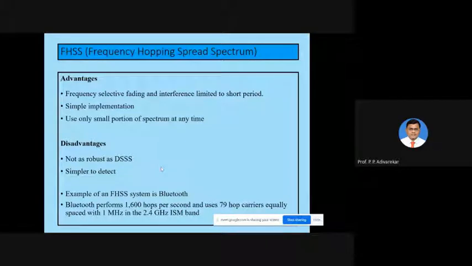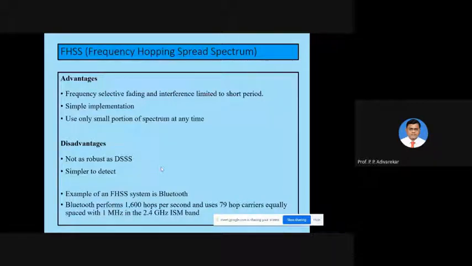The advantage of FHSS, as with all spread spectrum technology, is reducing frequency selective fading, because we are using a pseudo random noise sequence. Also, its implementation is much simpler compared to DSSS in terms of transmitter and receiver, as we will see in the block diagram.